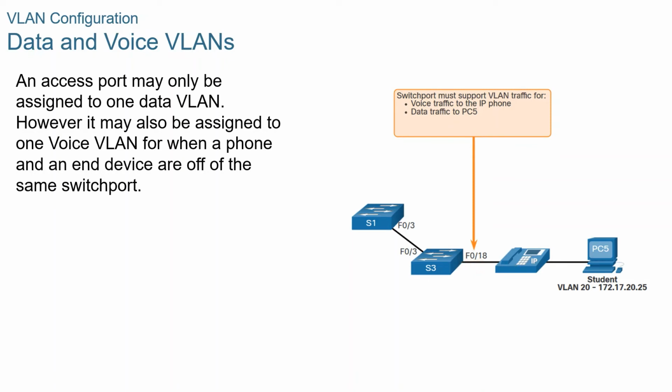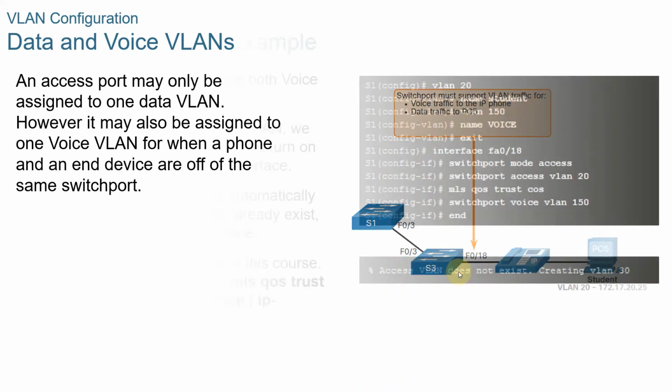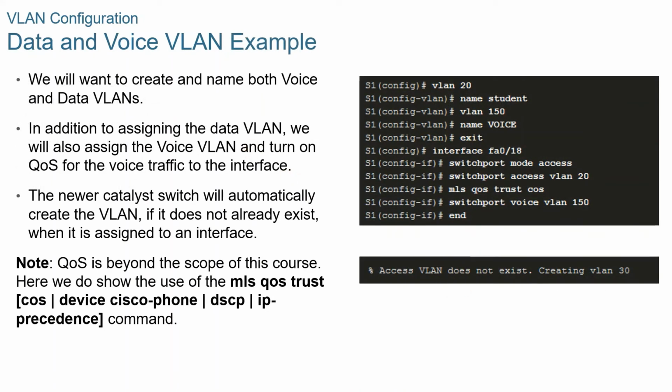Now to implement this configuration, a data VLAN and a voice VLAN are created. We use the switchport voice vlan ID configuration command to assign a voice VLAN to a port. LANs supporting voice traffic typically also have quality of service enabled, so voice traffic must be labeled as trusted as soon as it enters the network.